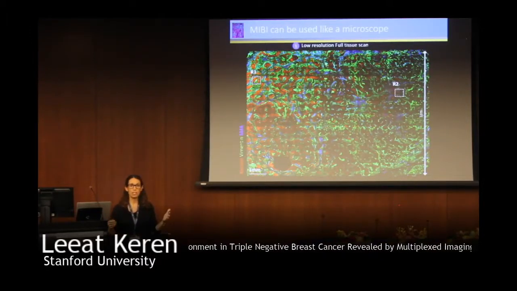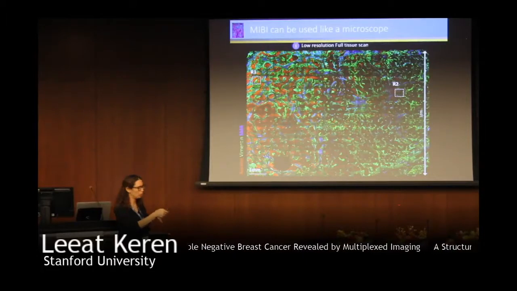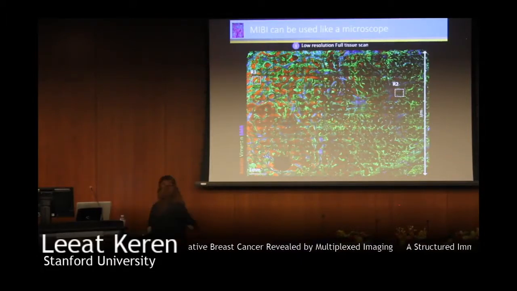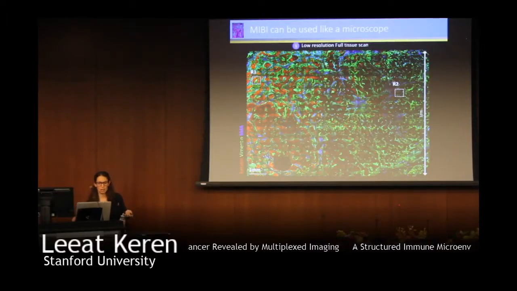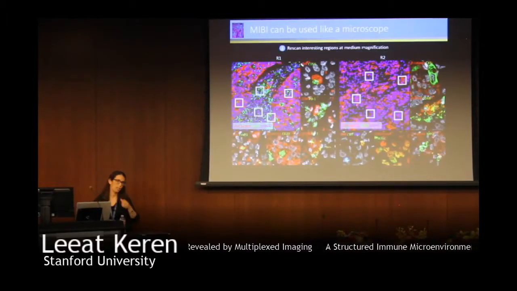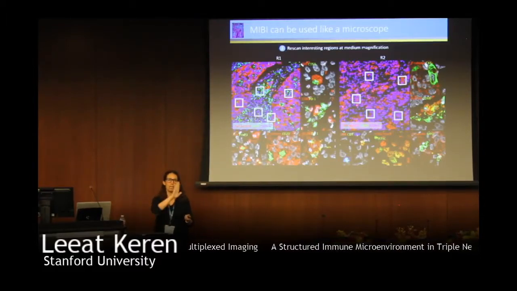You can then select, for example, R1 and R2, and go back into the tissue and rescan these regions at higher magnification. You can also use this property of being able to do rescans in order to obtain 3D information.